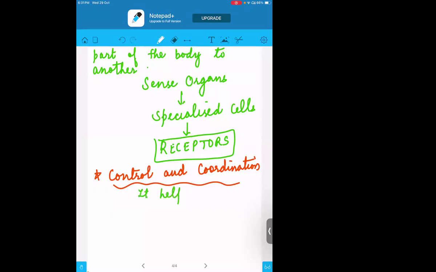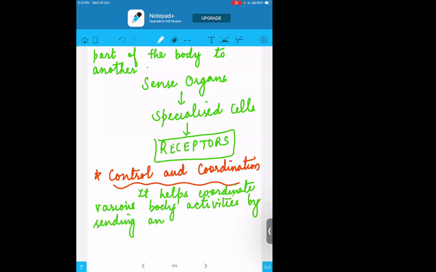So it helps to coordinate various body activities by sending and receiving signals, sending the messages or receiving the signals between the brain and the other organs.